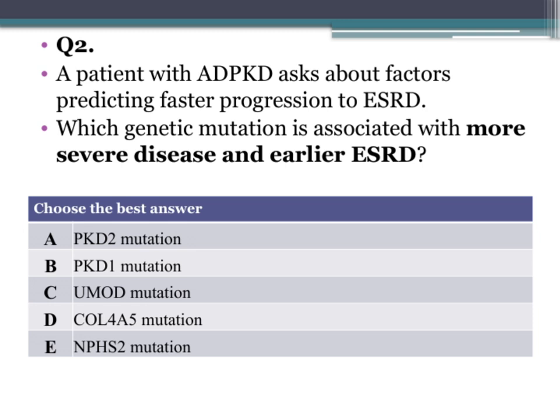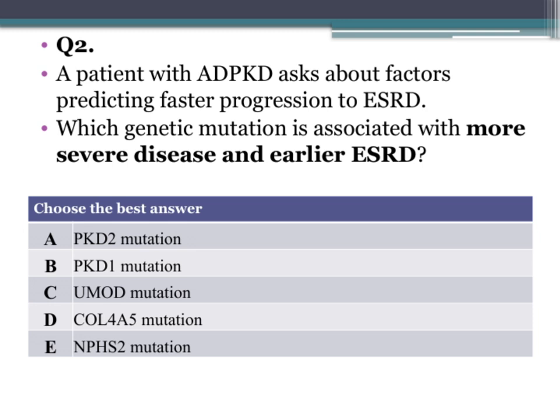The key point here is that not all mutations lead to the same disease severity. Specifically, mutations in PKD1 tend to be associated with a more aggressive disease course, meaning patients with PKD1 mutations often progress to ESRD earlier compared to other mutations. This is an important concept because understanding the genetic basis helps us predict disease progression and tailor management strategies accordingly.